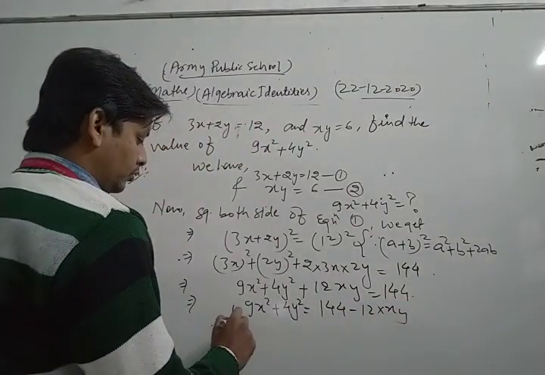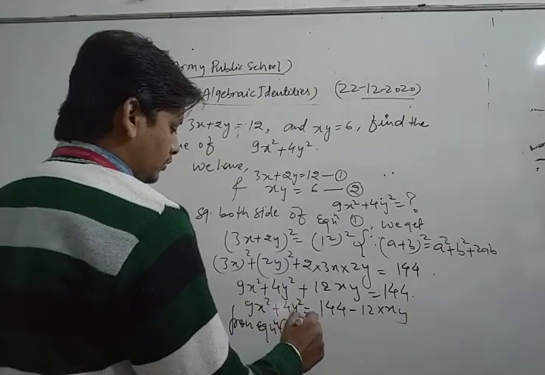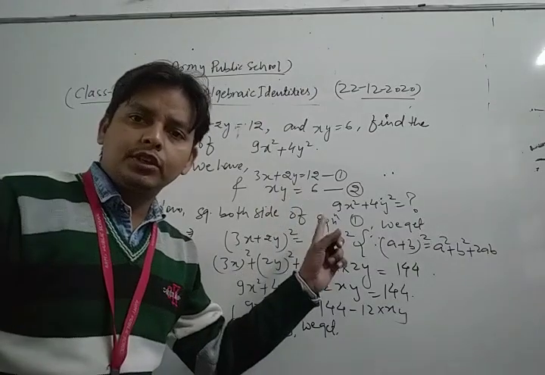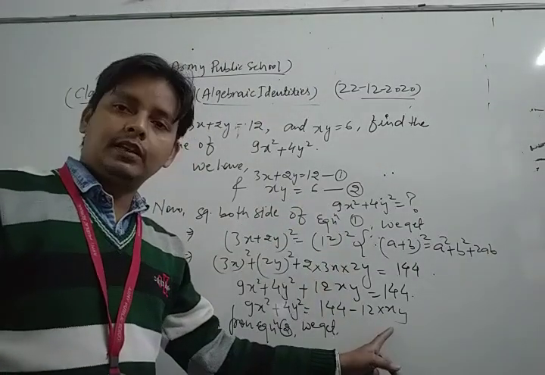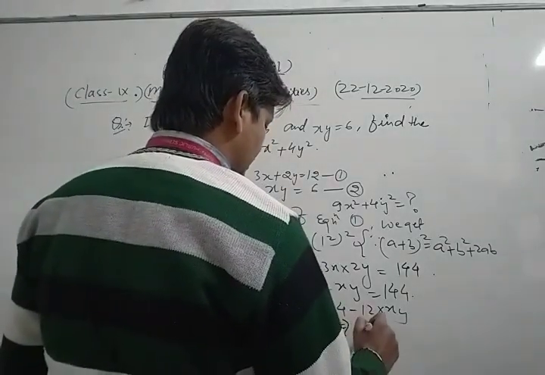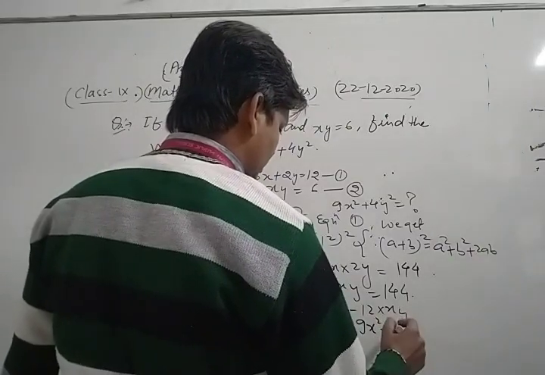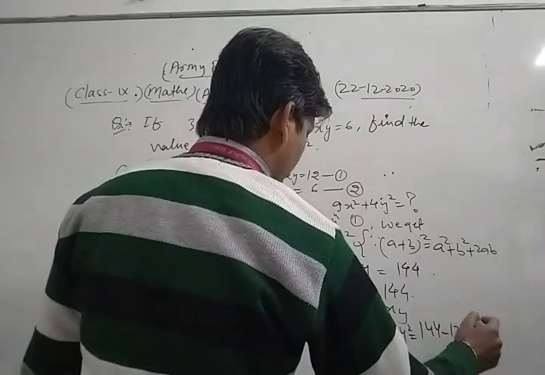Now from equation 2, dear student, the value of xy is 6. So here we put 6. We get 9x square plus 4y square is equal to 144 minus 12 into 6.